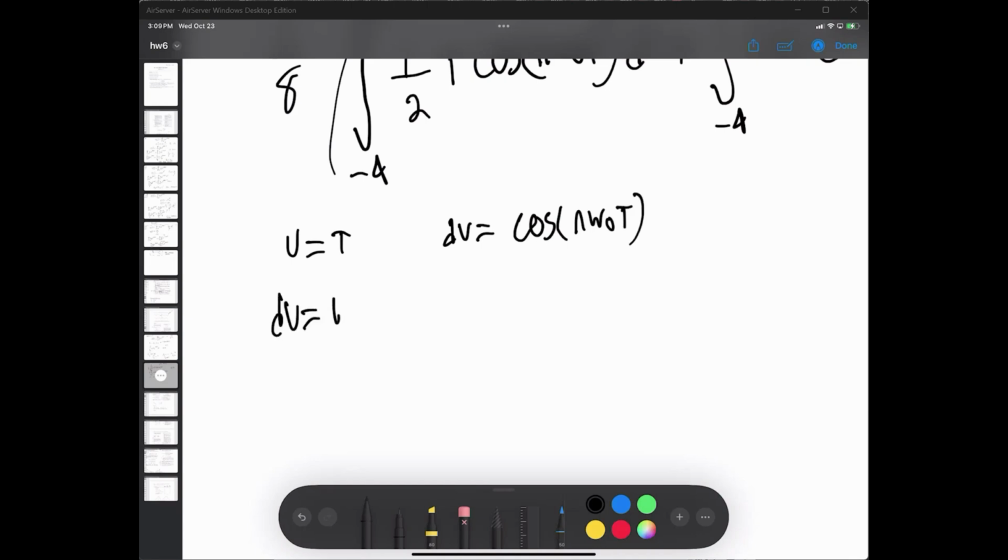Then du is equal to dt, and v, if we integrate that, we'll get 1 over n omega naught, with a positive sine of n omega naught t.